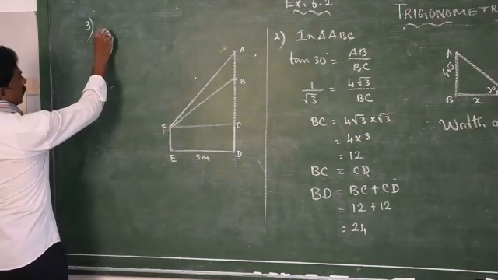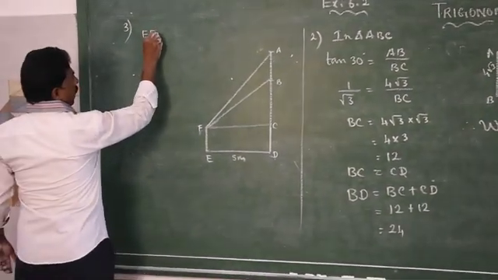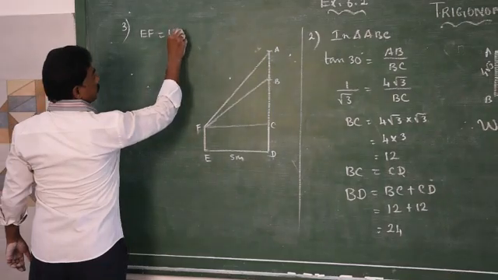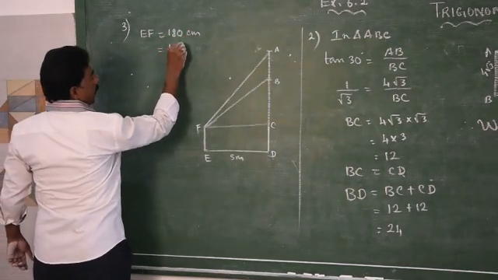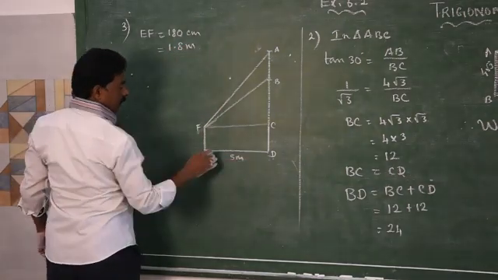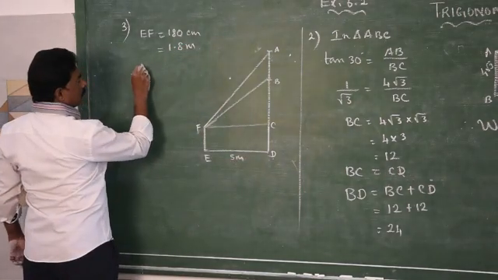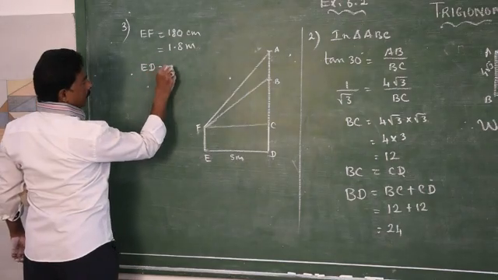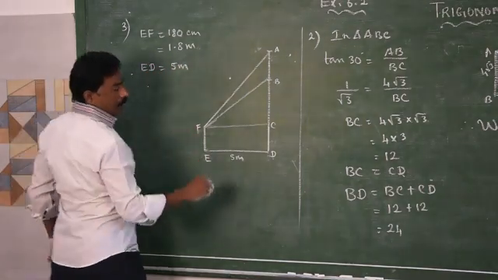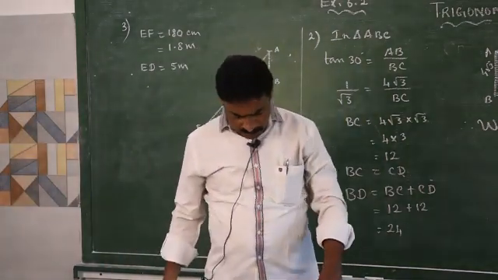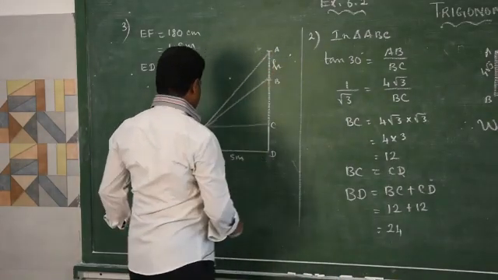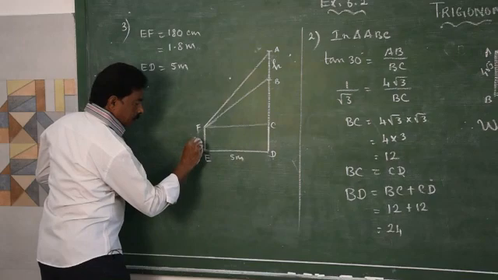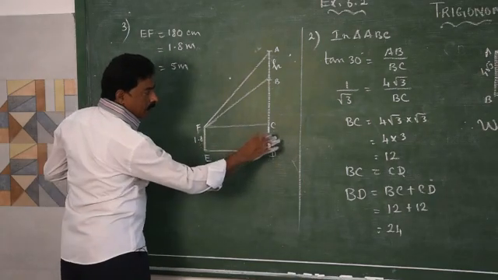So, EF is a man, 180 centimeters, which converts into meters to become 1.8 meters, and ED is 5 meters, given. And what is the question? You have to find the height of the window. This is 1.8. If it is 1.8, automatically this also is 1.8.